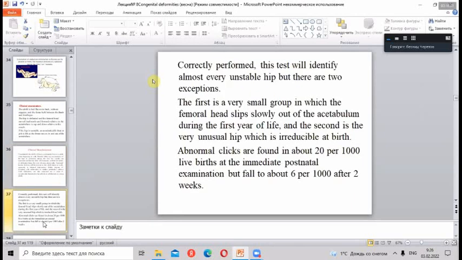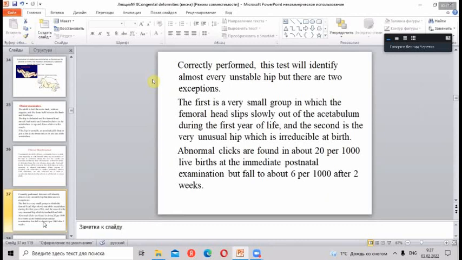Correctly performed, this test will identify almost every unstable hip, but there are two exceptions. The first is the very small group in which the femoral head slips slowly out of the acetabulum during the first year of life. And the second is the very unusual hip which is irreducible at birth.